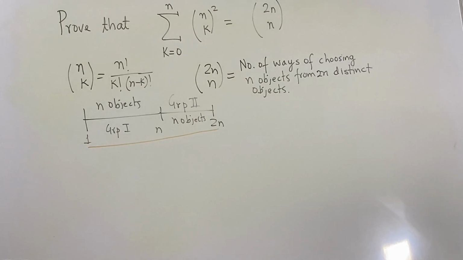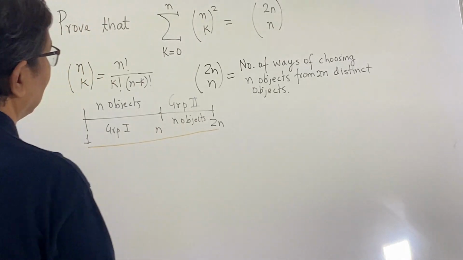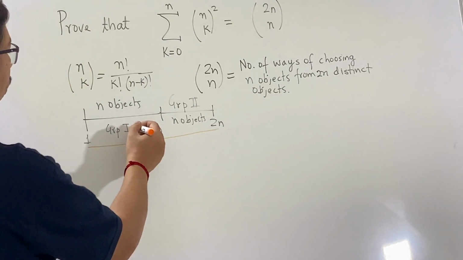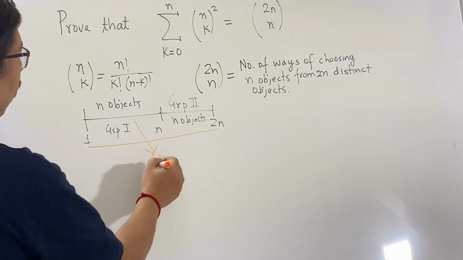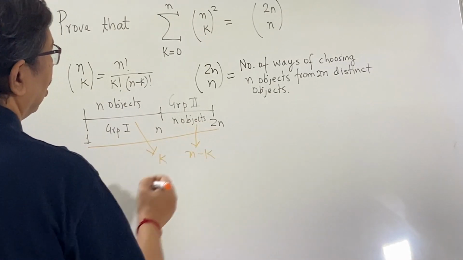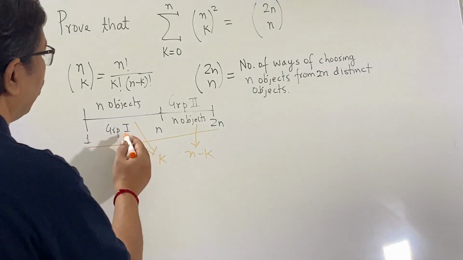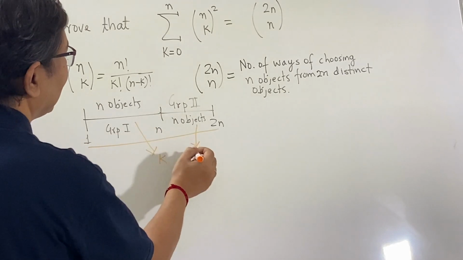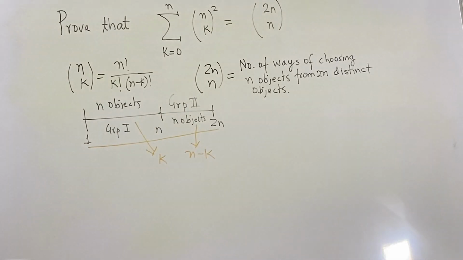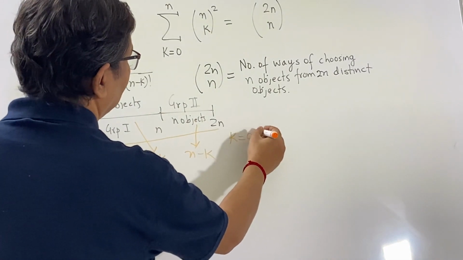Observe that any choice of n distinct objects from these 2n distinct objects will consist of k objects from here and n minus k objects from here. That is, there will be k objects from group 1 and n minus k objects from group 2, and k can vary from 0 to n.